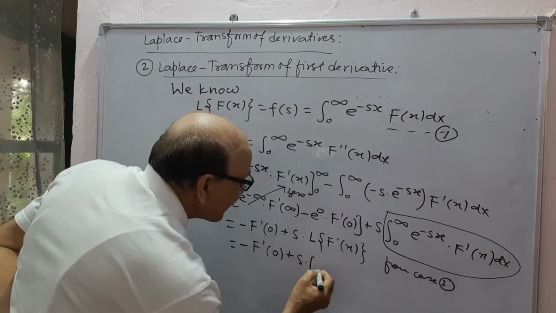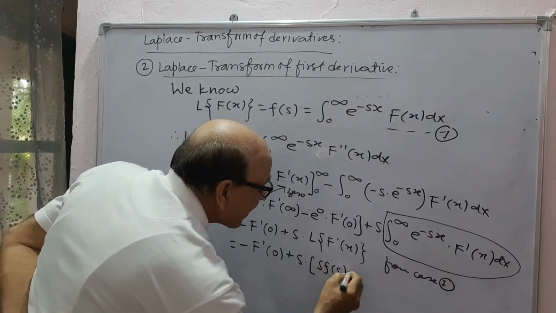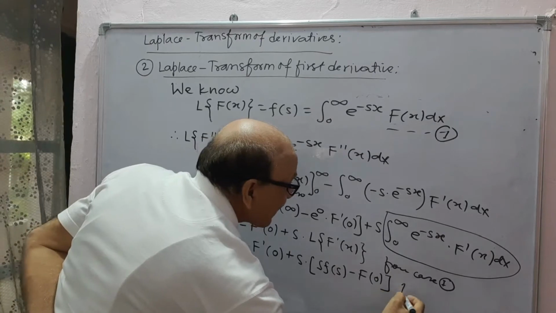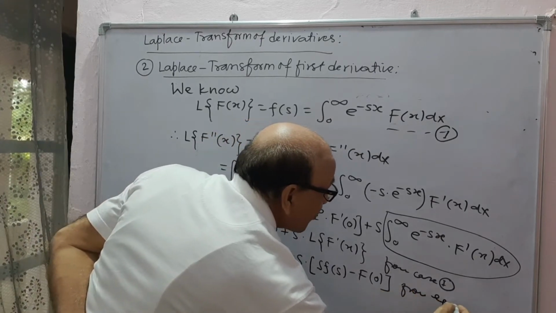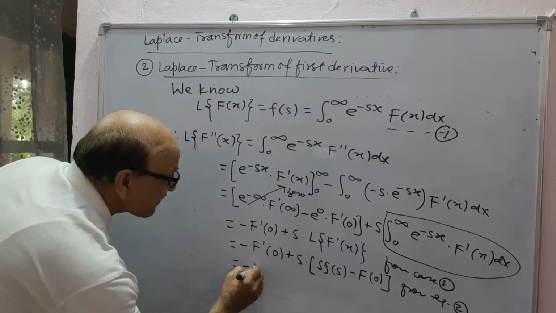You can put this as s fs minus f0 from equation 2 above. So this becomes minus f dash 0.